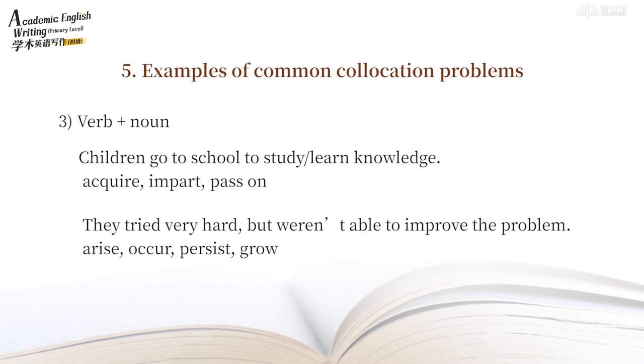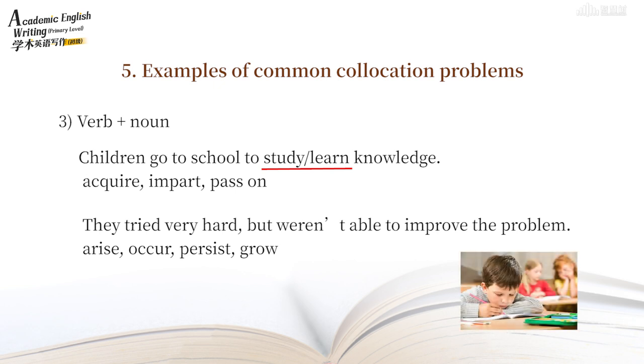In Chinese, it is typical to say 学知识 or 教知识, but in English, knowledge is neither learned nor taught. To put it another way, the word knowledge doesn't collocate with study or learn or teach. Instead, in the mind of native speakers, knowledge is acquired by someone, or imparted to someone, or passed on to someone.